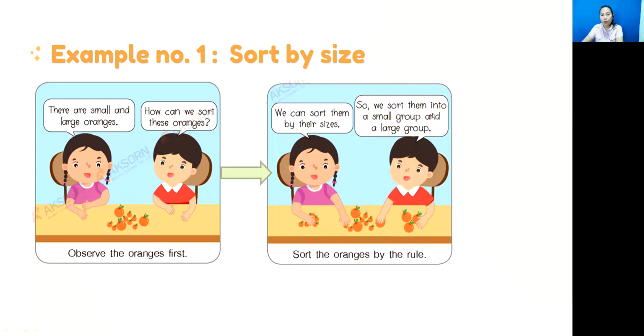So we sort them into a small group and a large group. Look, they are sorting it. Small and big or large, okay? These oranges are small. These oranges are large or big. Okay, so this is how we group things by size, okay?